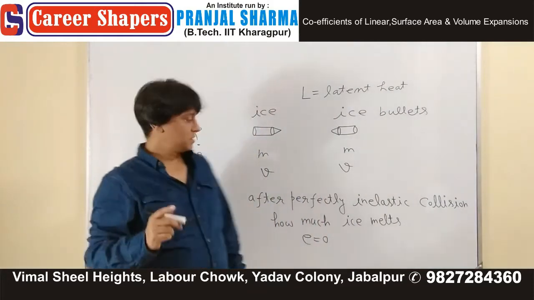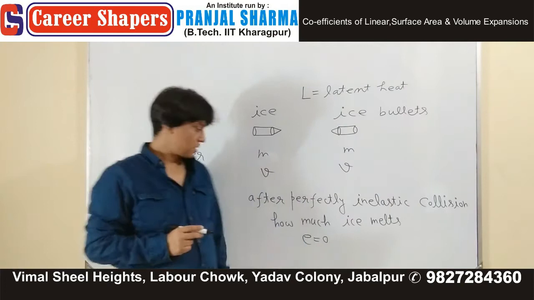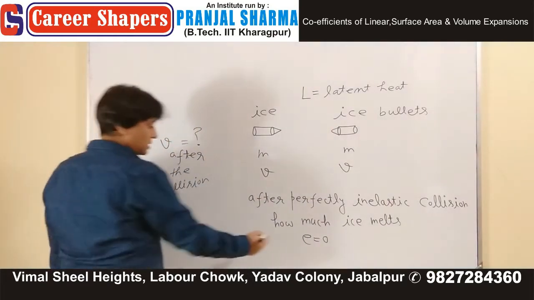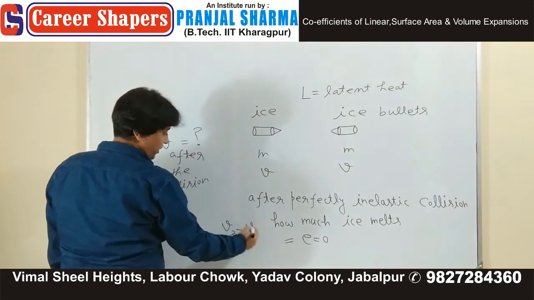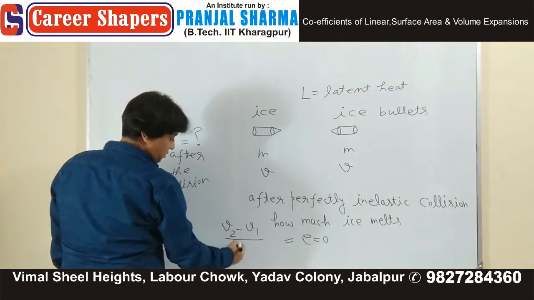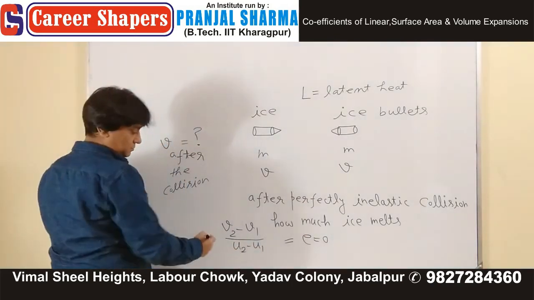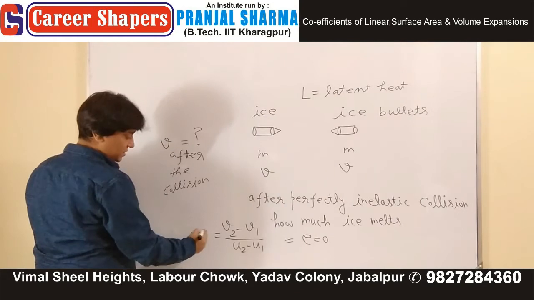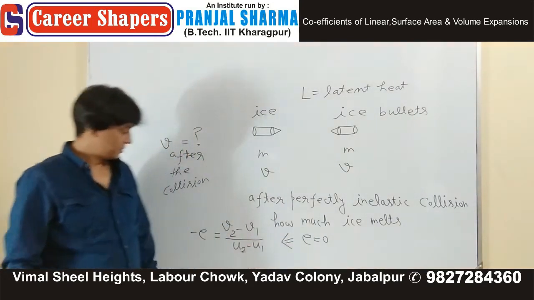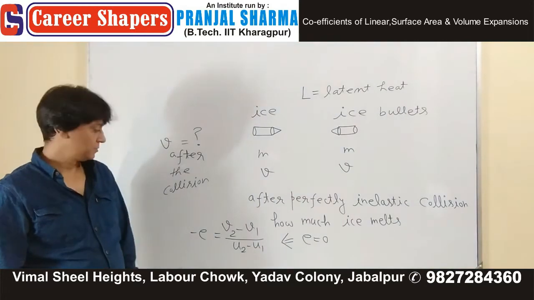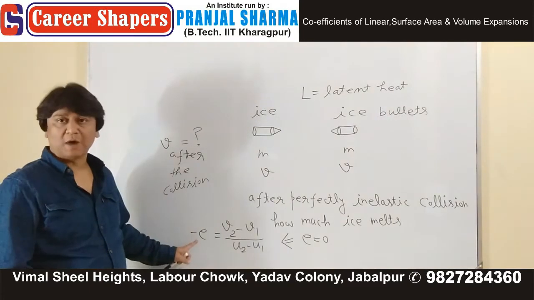Once I say that e is 0, what was this e? This e was (V2 minus V1) upon (U2 minus U1). We used to write this as minus of e. I remember this formula: (V2 minus V1) upon (U2 minus U1) was minus of e.